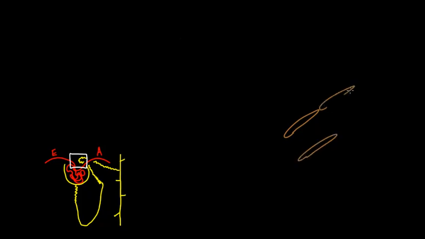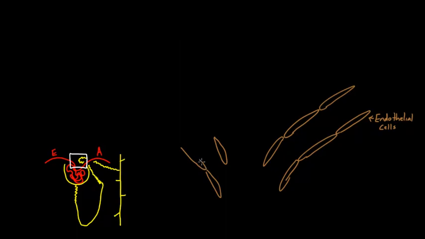Hopefully I'll have enough space here. Something like that. And these are the endothelial cells here. Endothelial cells that are lining that blood vessel, that arteriole, right? And on this side we have the same endothelial cells, of course, but now it's leaving, right?